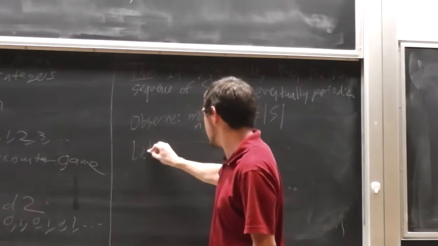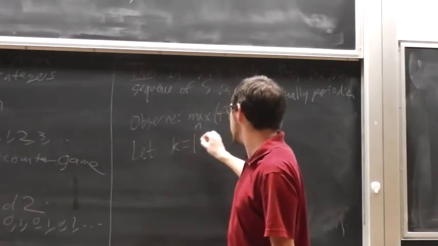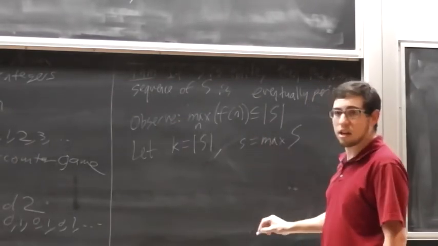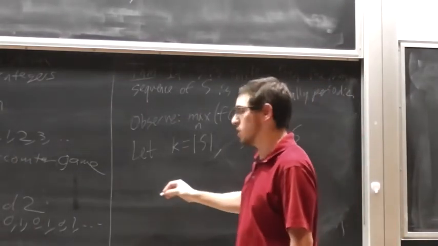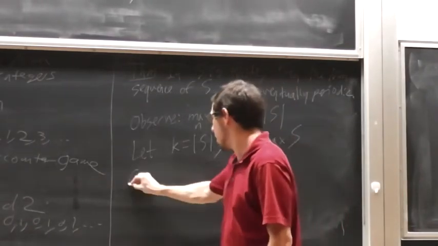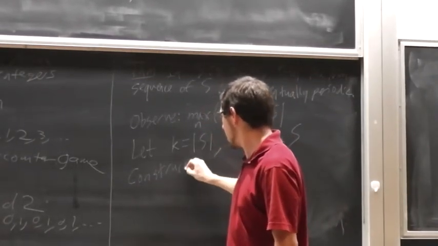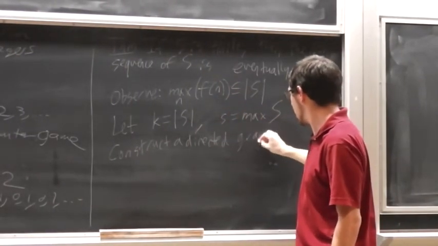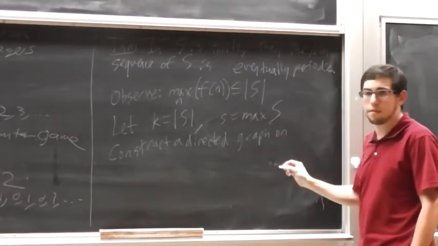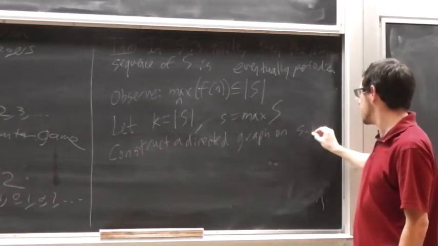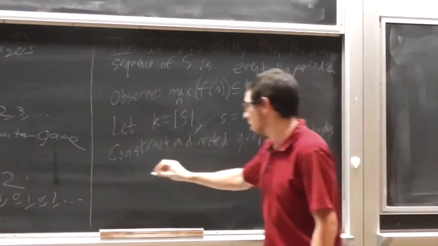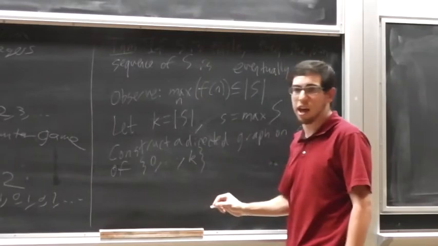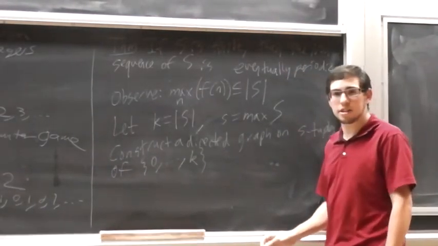So we're going to let k equal the size of S and let s equal the maximum element of S. And then we're going to construct a directed graph G. This is going to be a graph on s-tuples of integers from 0 to k, and it's going to have out degree 1.